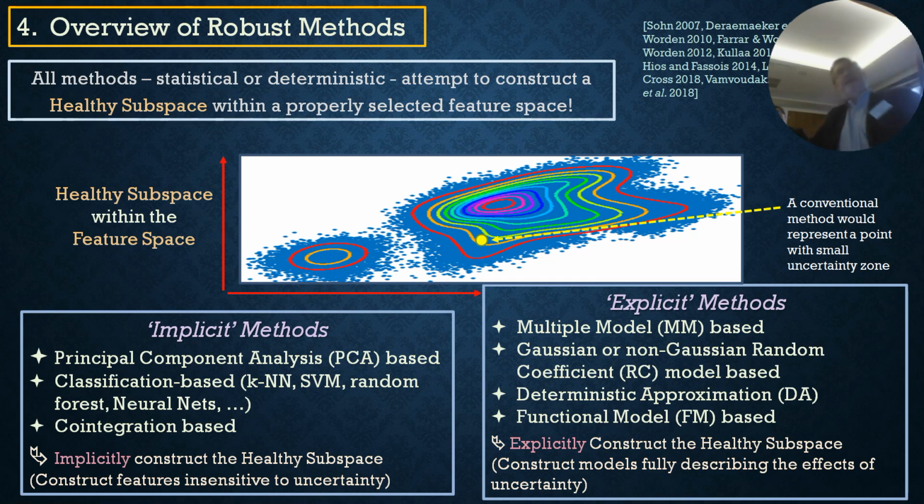In very simple terms, I don't want to go into the details, implicit methods try to develop a model that does not depend on the uncertainty to the extent that this is possible. Explicit methods will develop a model that fully captures the uncertainty effects.